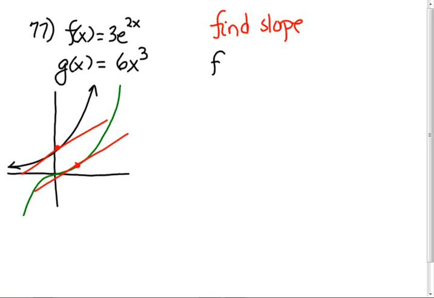Now this is where we get to practice. What's f prime of x? It's 3. Ignore the constant. Do you know why you can just pull that out? Maybe not. So 3 times the derivative of e to the 2x, which is e to the 2x, times the derivative of 2x, that's the chain rule, times 2. Then you would leave the e to the 2x alone and take it times the derivative of 3.